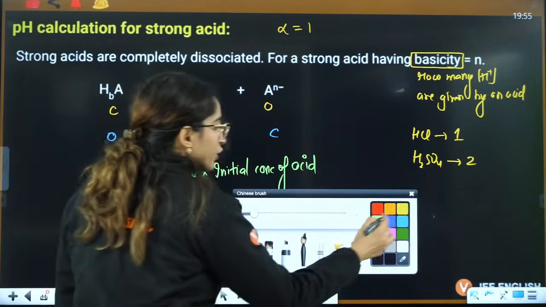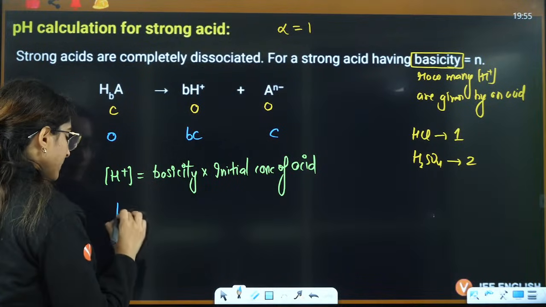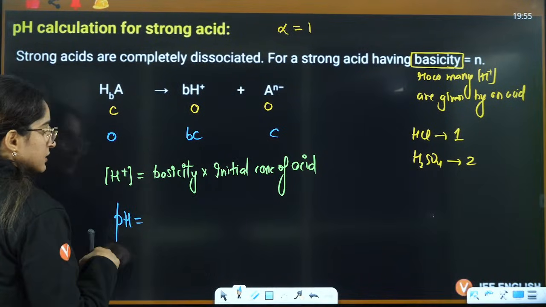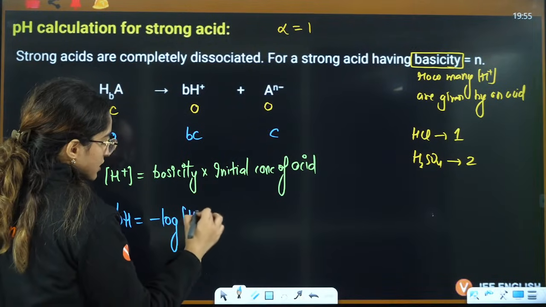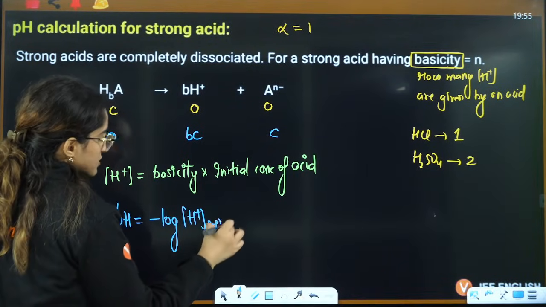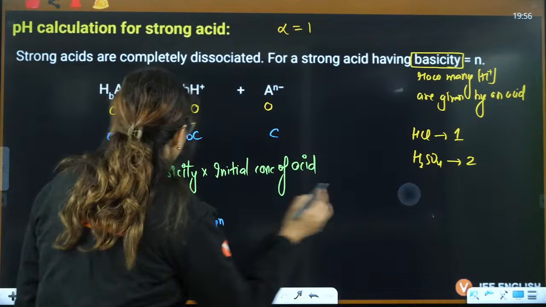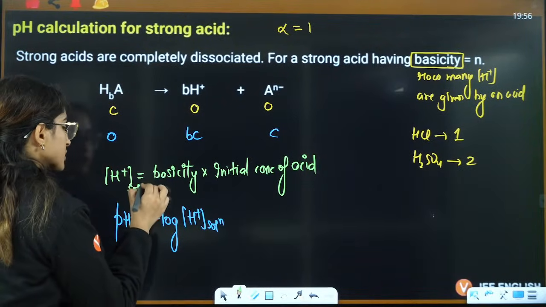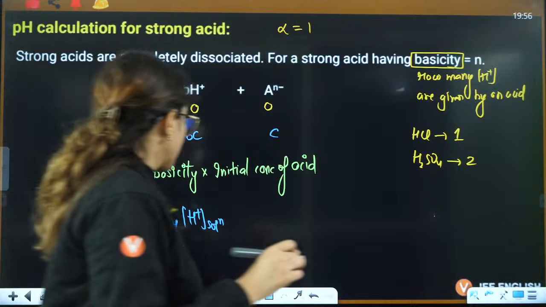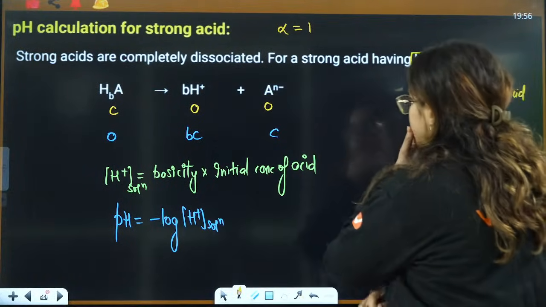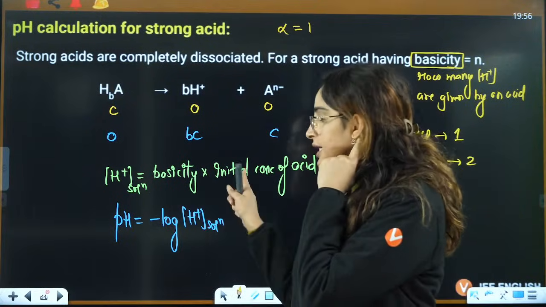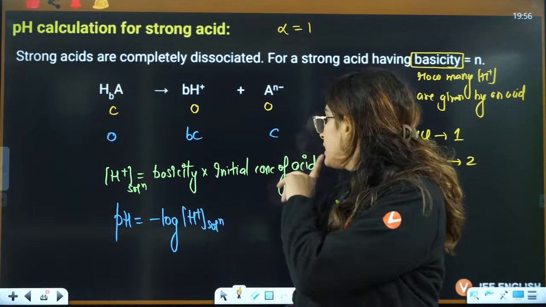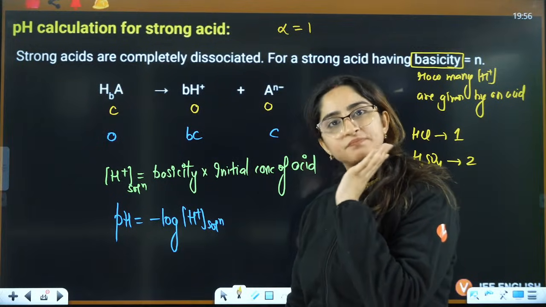So what is the value of pH? pH is equal to minus log of H positive of that solution. So here this is the H positive of the solution. H positive of solution, we have here basicity into initial concentration of the acid, right?